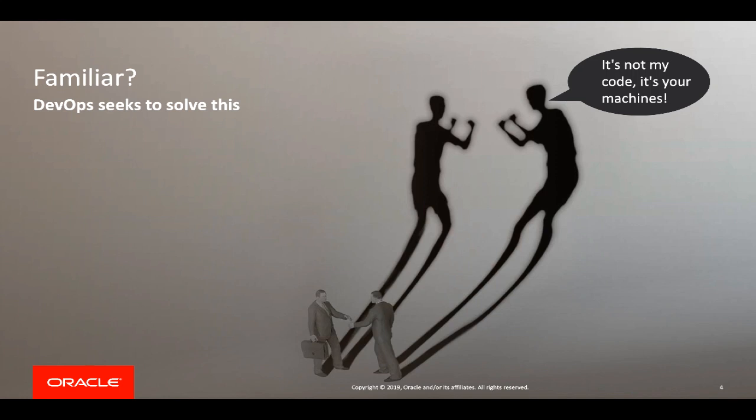DevOps is a combination of software development and operations. And as its name suggests, it's a melding of these two disciplines in order to emphasize communication, collaboration, and cohesion between the traditionally separate developer and IT operation teams.